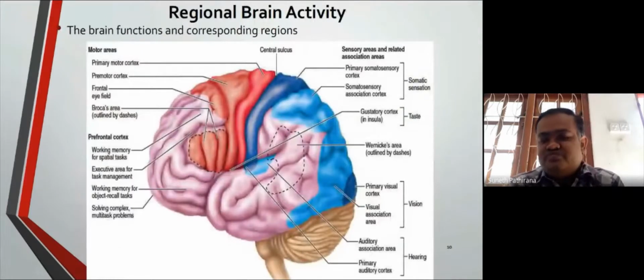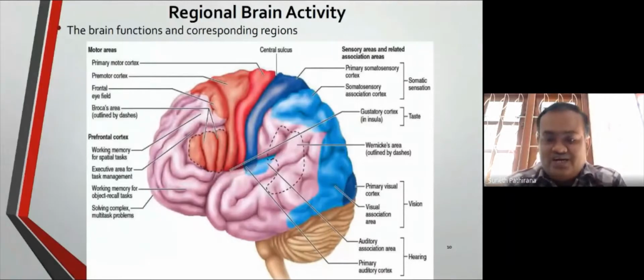So this is regional brain activity, or the corresponding responsible regions of the brain for a specific task. Some part of the brain is responsible for recognizing taste. Some are responsible for vision. Some are responsible for speech processing or hearing, understanding what you hear.